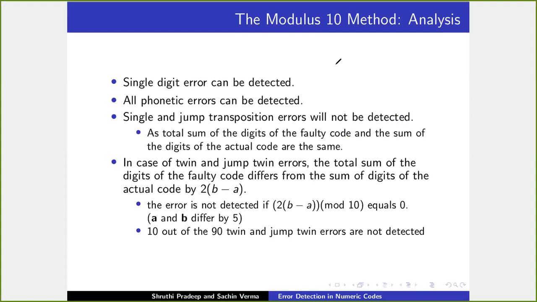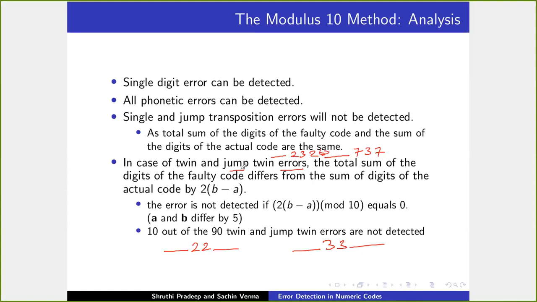Then in case of twin errors and jump twin errors, let me give a small reminder. In a twin error, I have my number and instead of 2 2 I write, let me say, 3 3. And in case of jump twin errors, I should be having 2 3 2, but instead I write, let us say, 7 3 7.